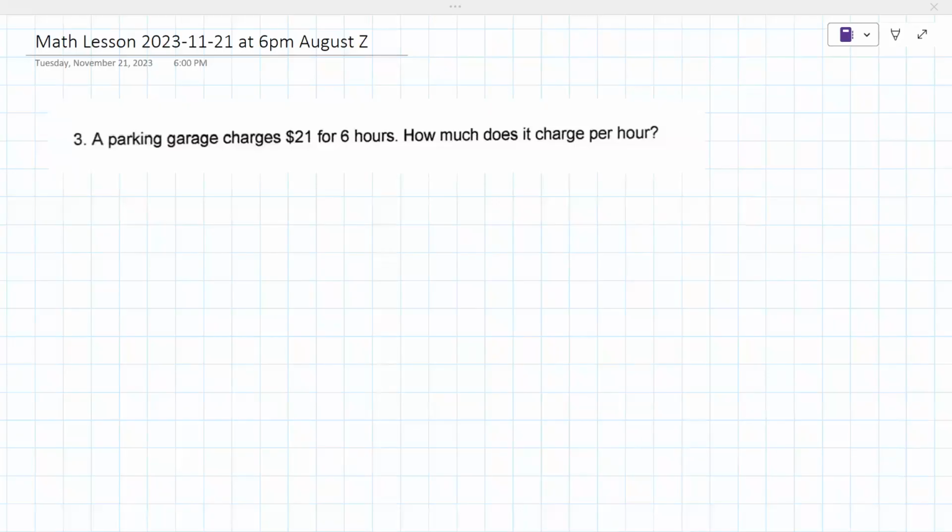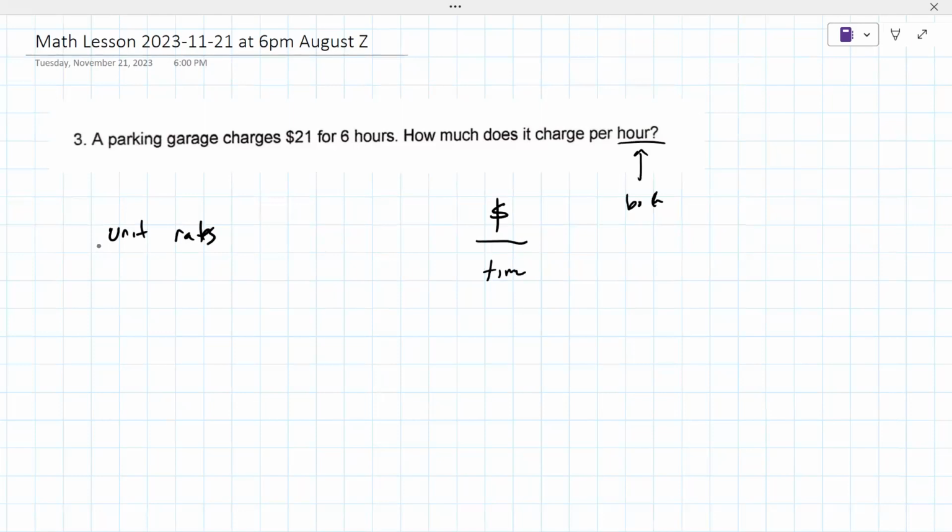So unit rates is what it appears you are doing a lot of here, and it's generally something per something. Usually time is on the bottom, and money in this case is on top. When it says per hour, that's telling you it's on the bottom.